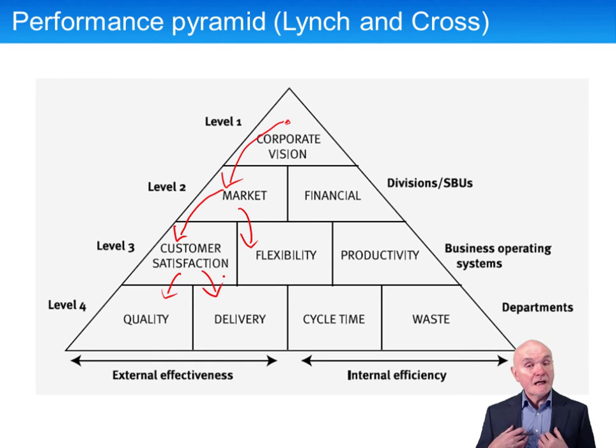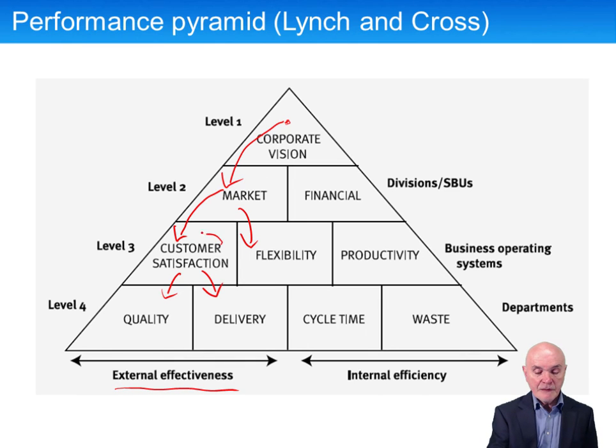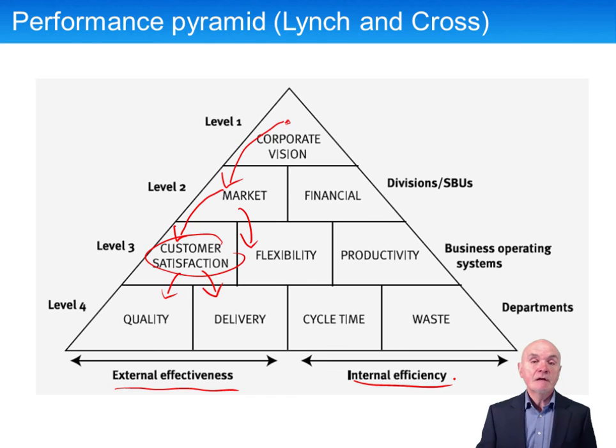What's important to us is internal efficiency; this was external effectiveness, in a way keeping your customers happy. The internal efficiency here is really saying, what's important for us to measure internally to achieve that. So cycle time must be kept down. So flexibility here is leading to delivery.